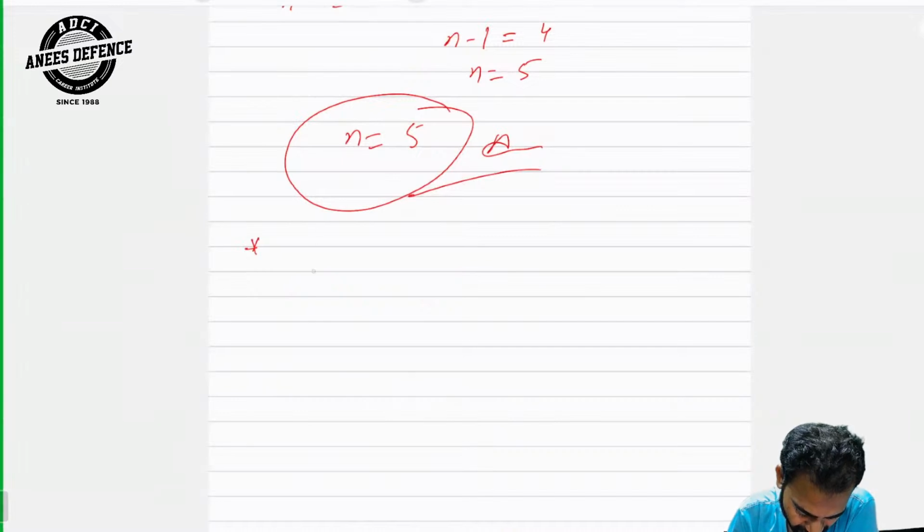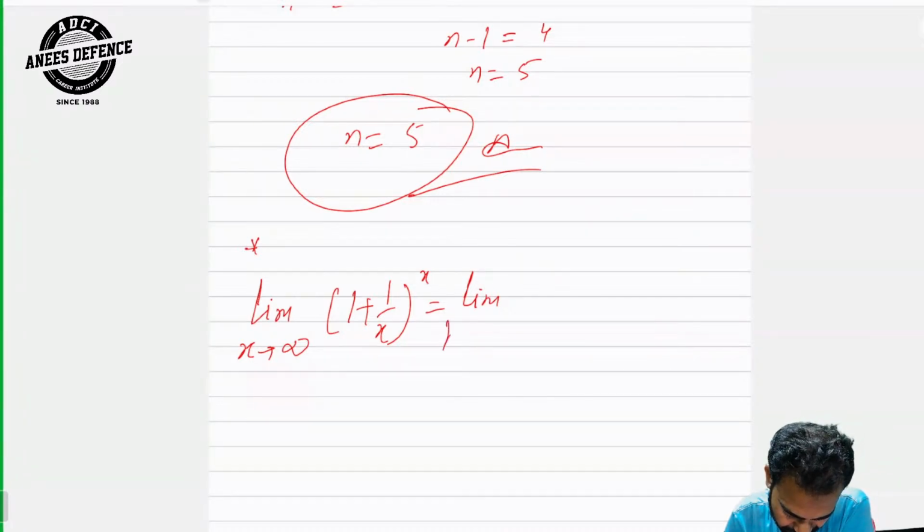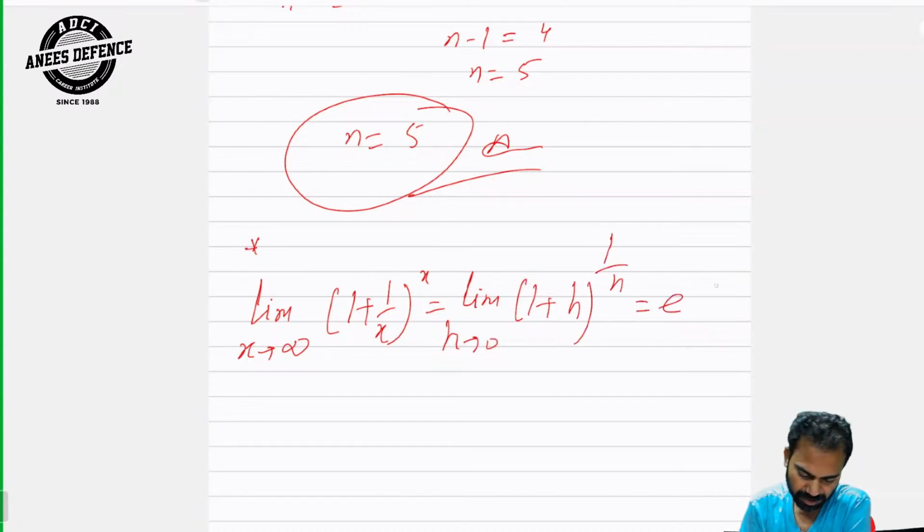Now one more formula: limit x tends to infinity, 1 plus 1 upon x whole to the power x, equals limit h tends to 0, 1 plus h whole to the power 1 by h, is equal to e.